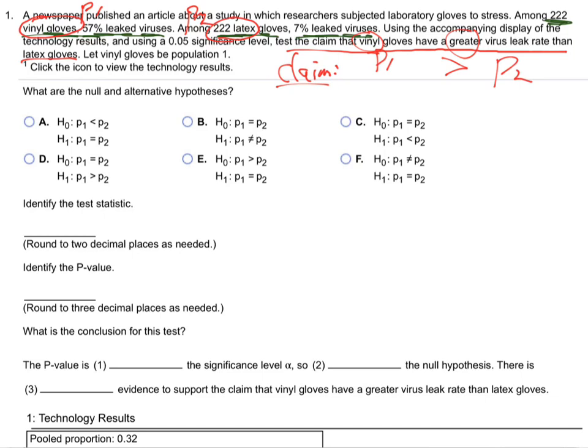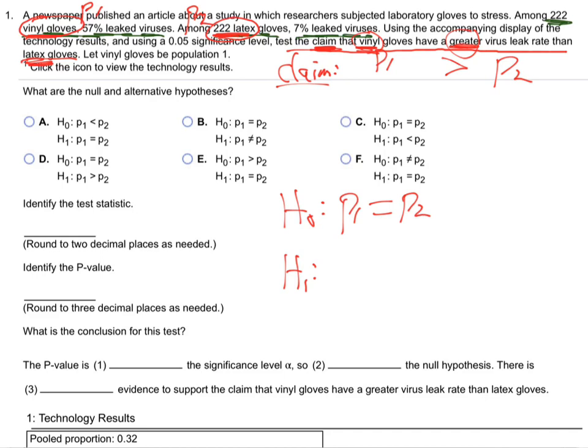How'd I get that? P1 is vinyl just because they put it first, and P2 is latex, so they put it second. The claim is vinyl greater than latex, P1 greater than P2. All right, let's write H0 and H1. What is H0 always? Equal.